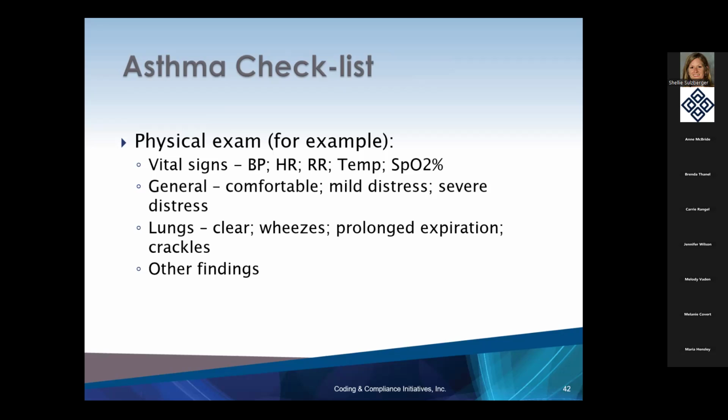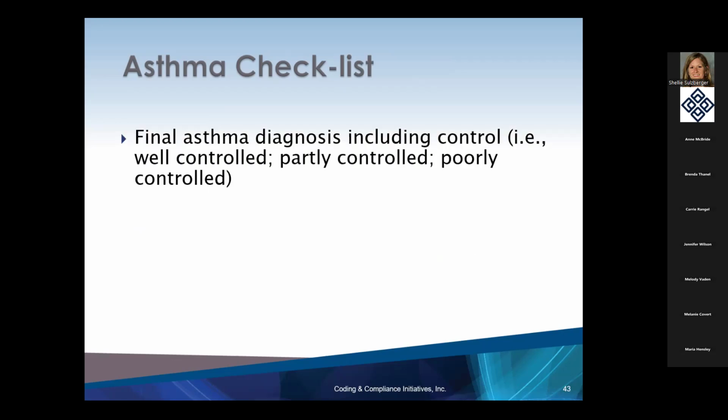It's totally up to the provider what clinical exam they feel is relevant for that patient. And then, of course, I need a diagnosis. So asthma, and then I want to know the severity to the highest level I know today. Are there other diagnoses that impacted your decision making or the risk of the patient, or something just in the back of your head you're thinking about?